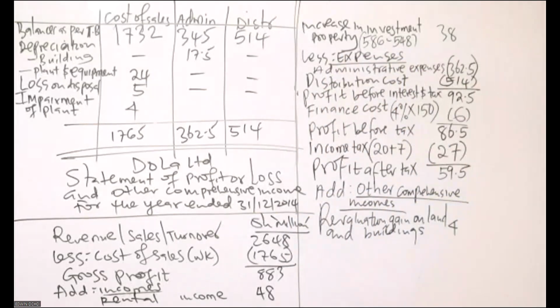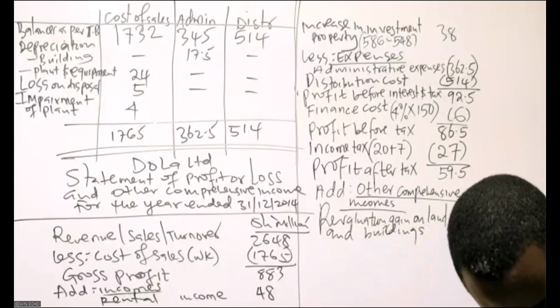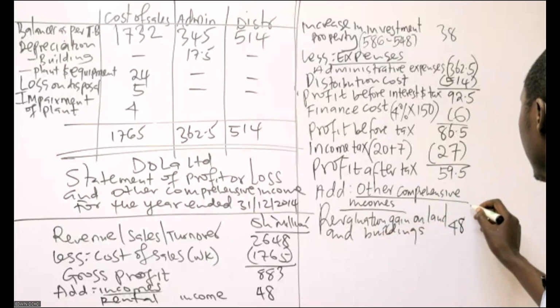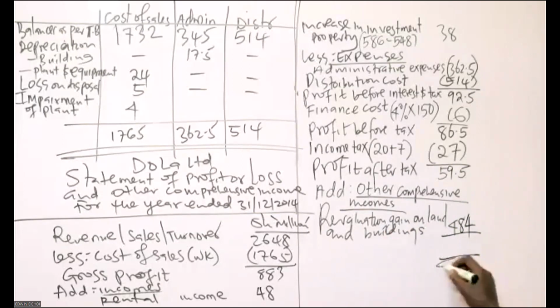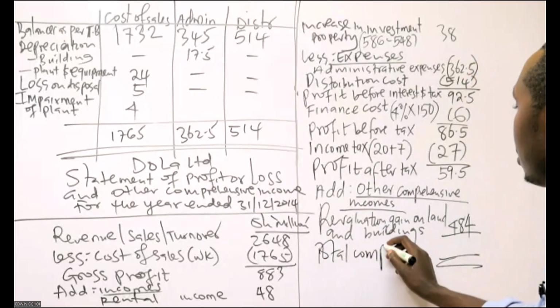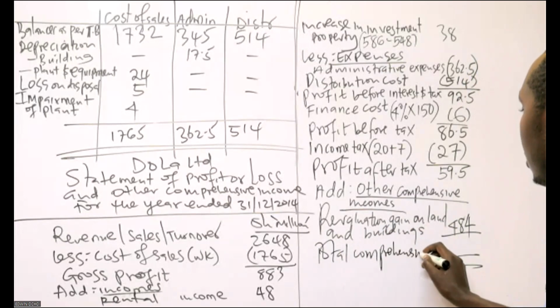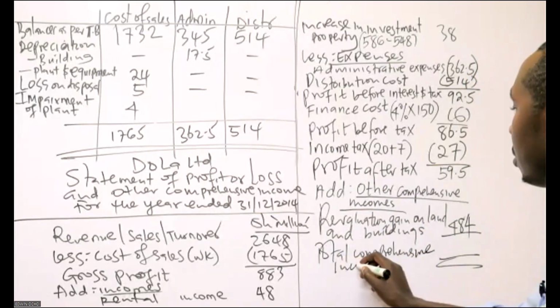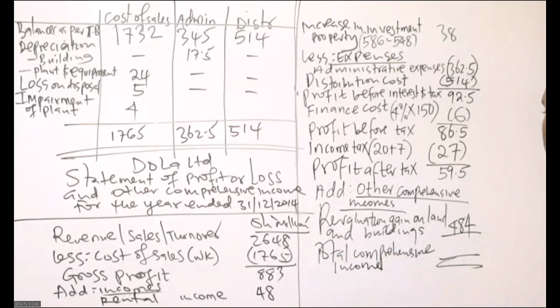It was 400 and what? 484. Total comprehensive income, 543.5.